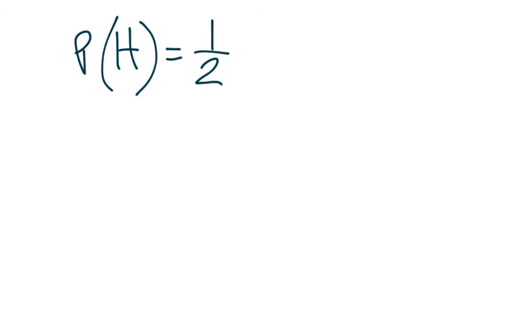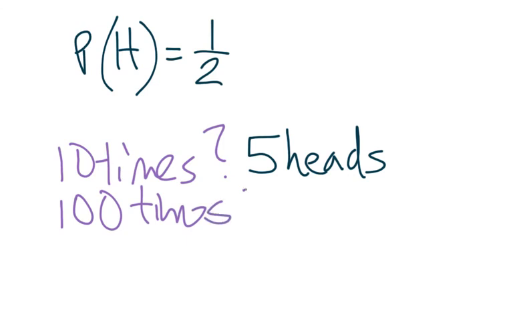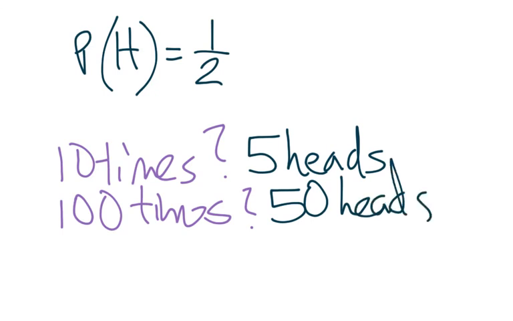However, if I flipped a coin, let's say, 10 times, we would expect to get 5 heads. Well, if you have a coin, go do it right now. Did you precisely get 5 heads? What about if I flipped it 100 times? We would expect to get 50 heads, right? 50 heads, 50 tails. However, that's not going to be our reality.